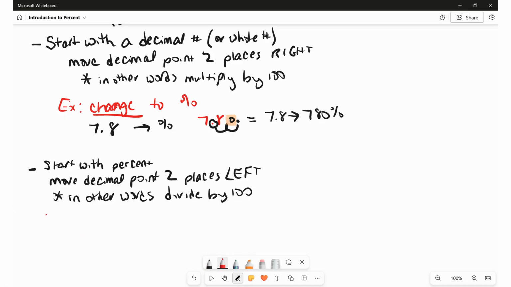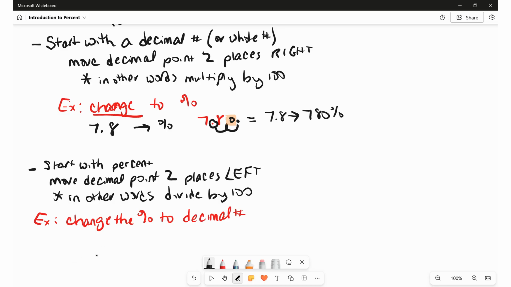So our example here. We're going to change the percent to a decimal number. All right.